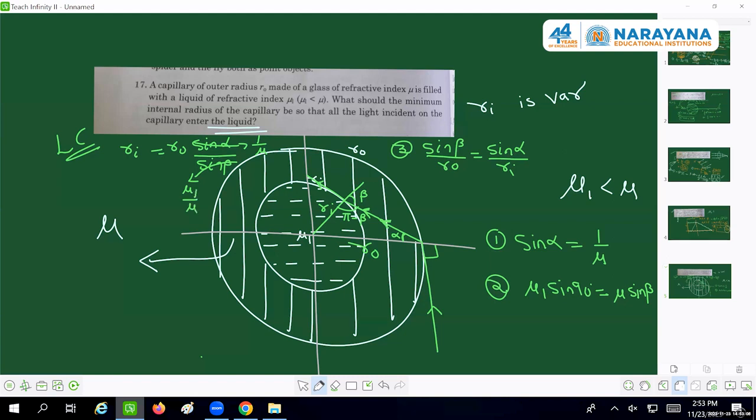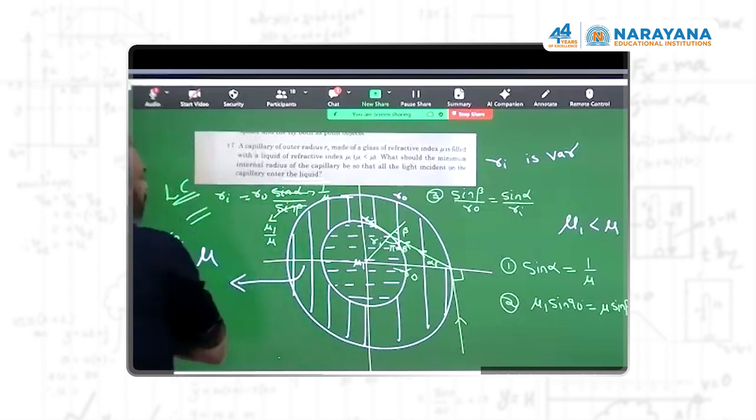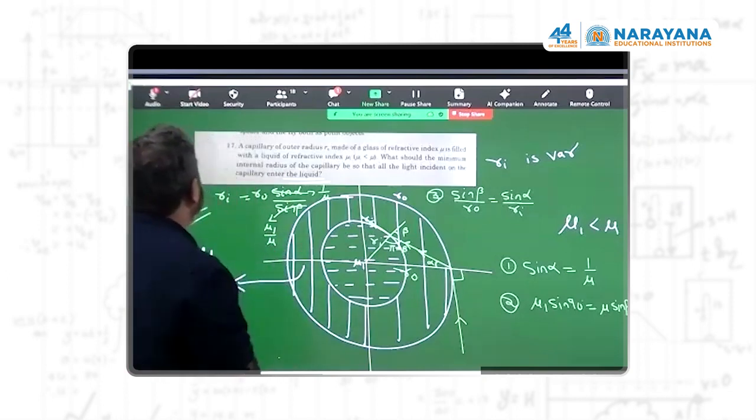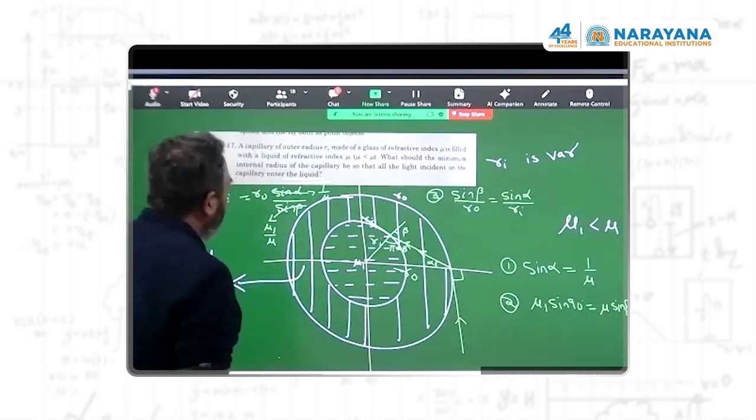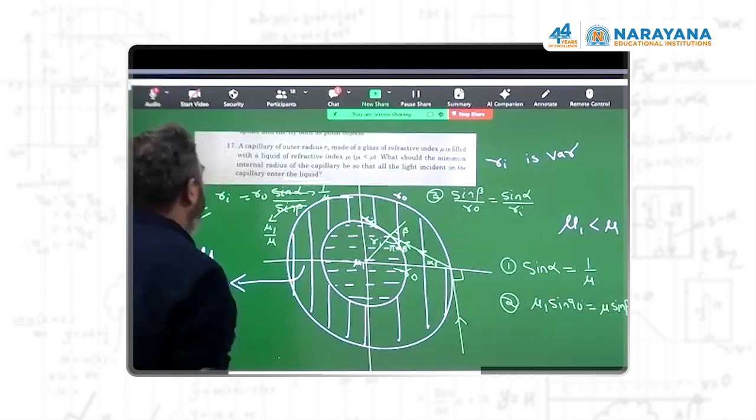So more appropriately, this comes out as R0 upon mu. Now we need to theoretically check this. He is saying that this is the minimum radius. So that means indirectly what we are trying to say is, if you decrease your radius further, this is the minimum for all the light to enter.